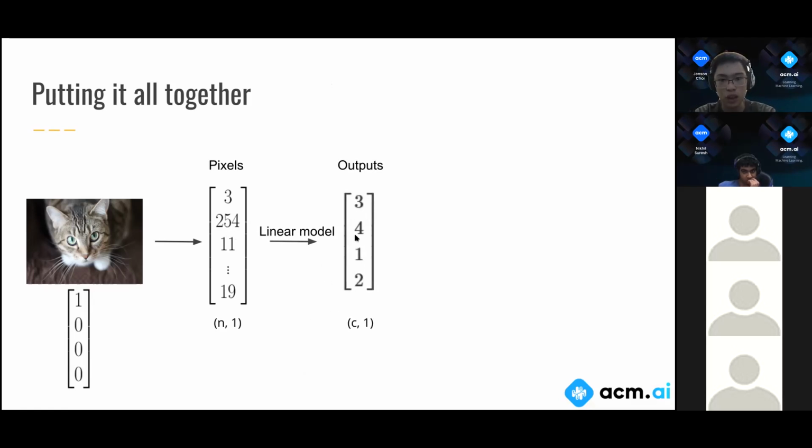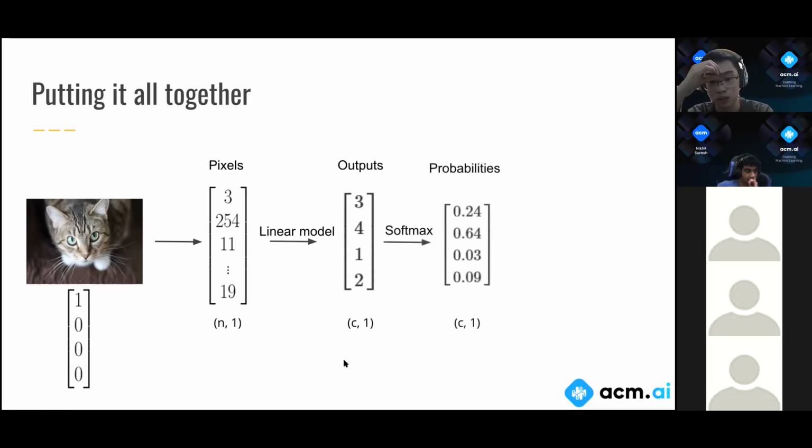Our model outputs this vector, which has 4 elements because there are 4 possible classes. Then we apply the softmax activation function, and we get a probability distribution. In this case, our model thinks this image is a cat with a 24% chance, and a dog with a 64% chance. So our model is predicting the wrong thing here, unfortunately.